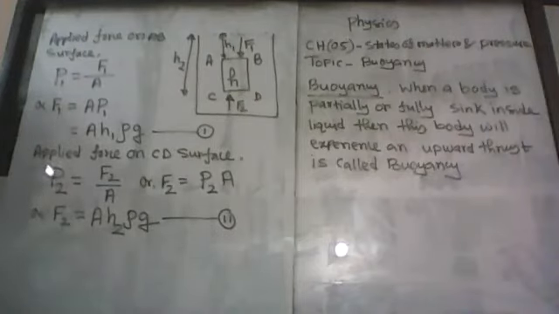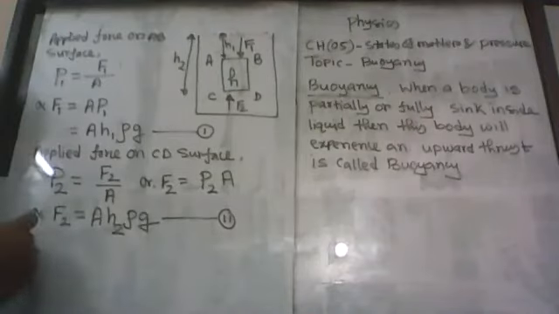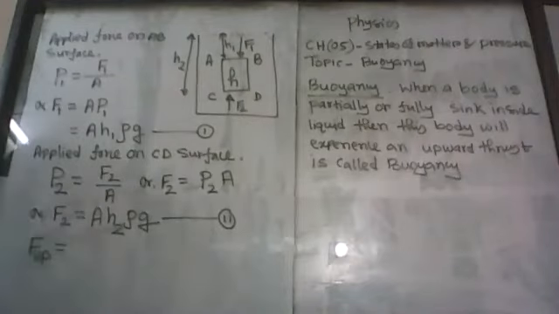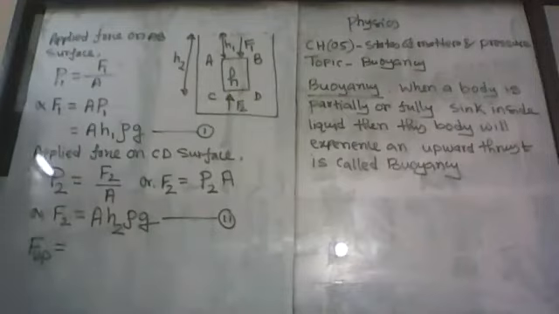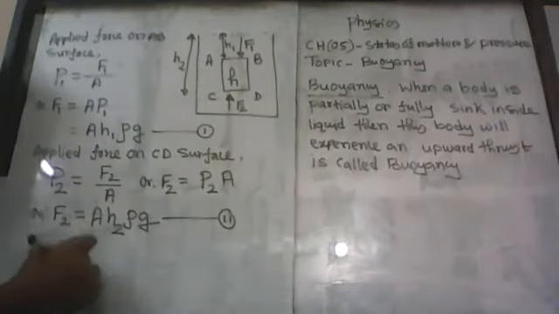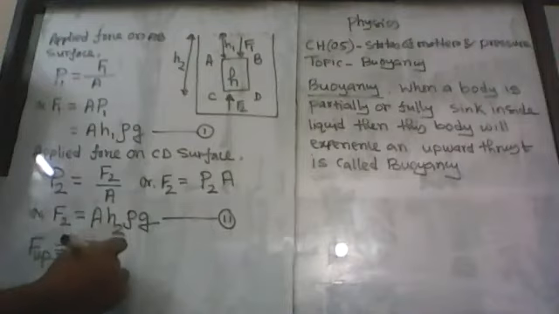That particular resultant force is known as buoyancy. Buoyancy force is denoted by F upward, the resultant upward thrust. It will equal F2 minus F1.